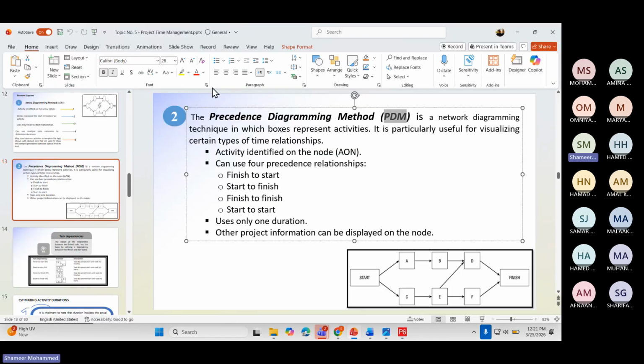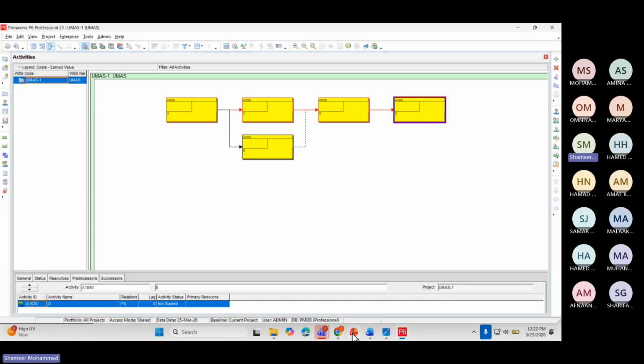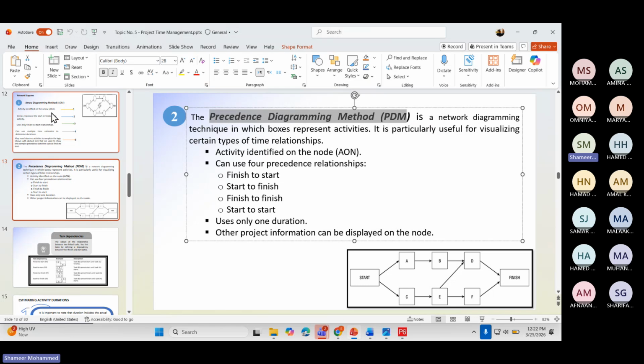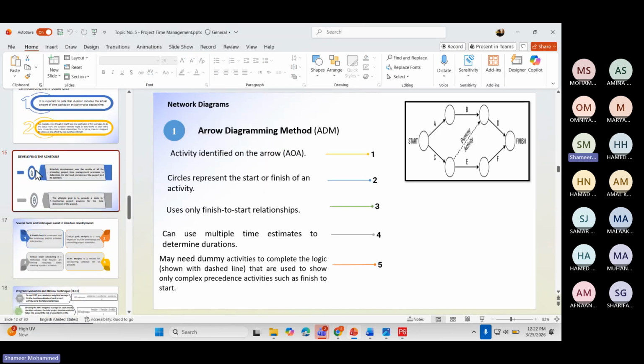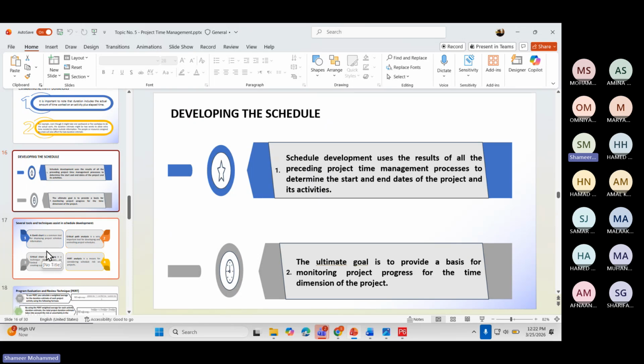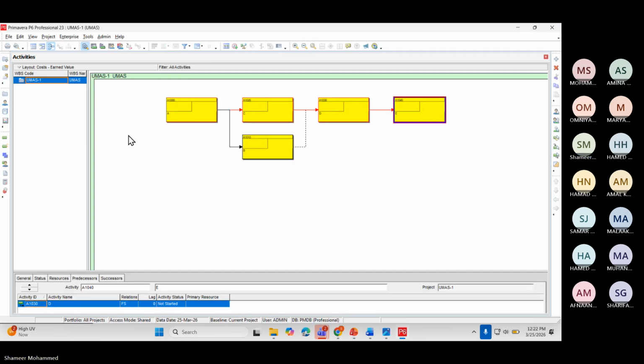So what is the technique? This is the technique. So two techniques I have told you, right? This is one. Another one is activity on arrows, this one. So we have exercised most of the things. One more technique is there. So we have seen this one, Gantt chart. What is Gantt chart?